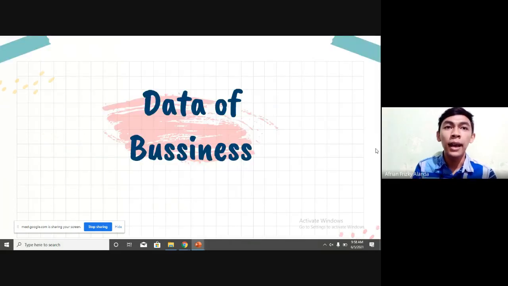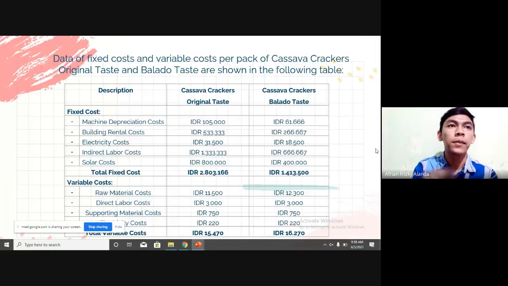Then the data of the business. For the data, we have the data of fixed cost and variable cost per pack of cassava crackers original taste and balado taste that are shown in the table. For the description, for the fixed cost, the first is machine depreciation cost, and the second is building rental cost, and the third electricity cost, indirect labor cost, and solar cost.